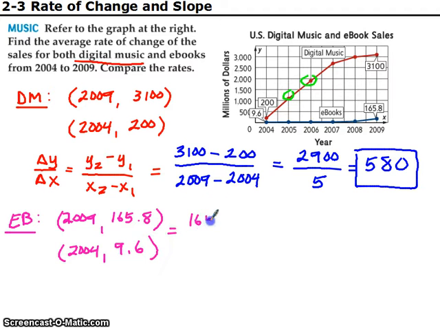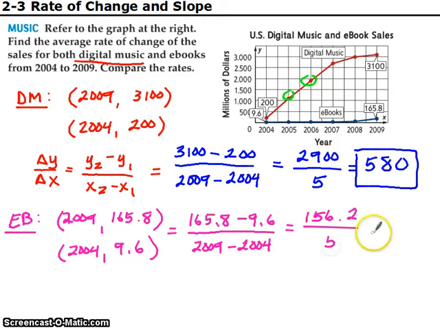So that's 165.8 minus 9.6 over 2009 minus 2004. So that's going to equal 156.2 over 5.